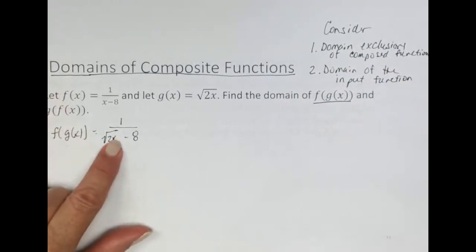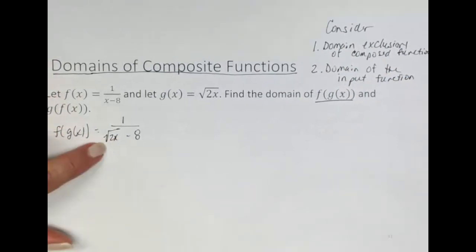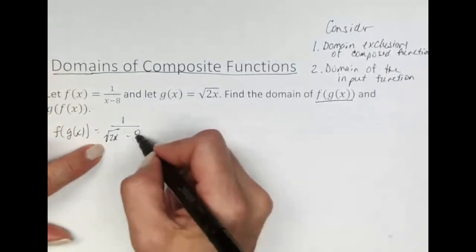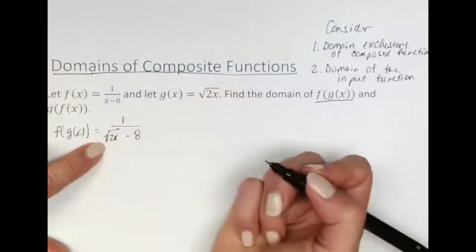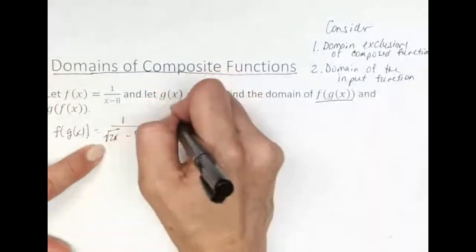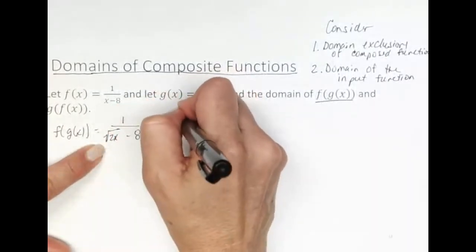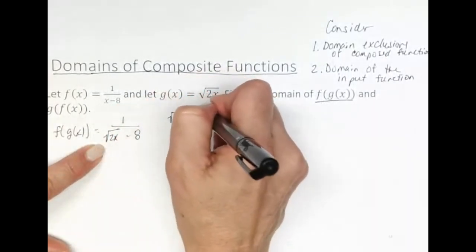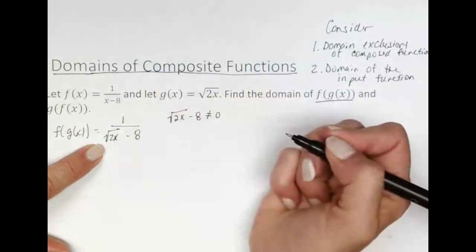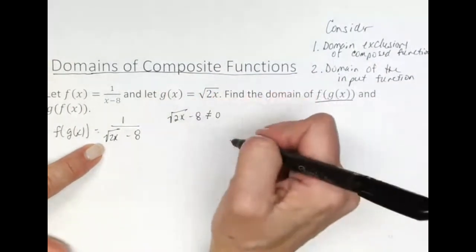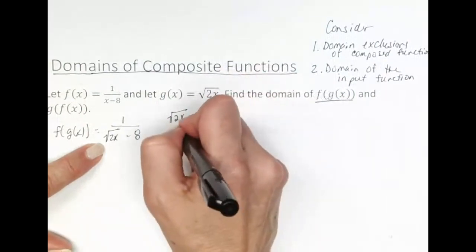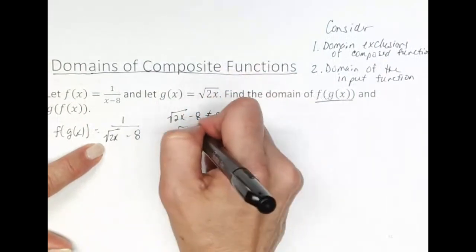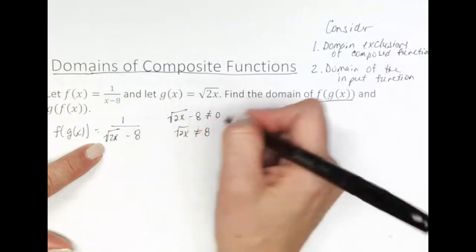So here's my composition, f of g of x. What domain restrictions do I have to address here? Well, I have a denominator with a variable in it, so I know that can't be 0, right? So first I'd have to say the square root of 2x minus 8 can't equal 0. Let's see what value of x makes it 0, and exclude it. Add 8 to both sides, so the square root of 2x can't equal 8.